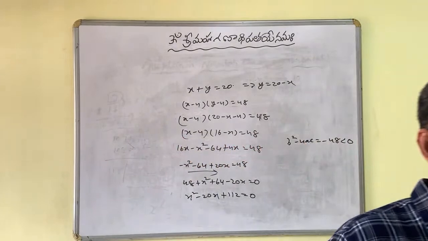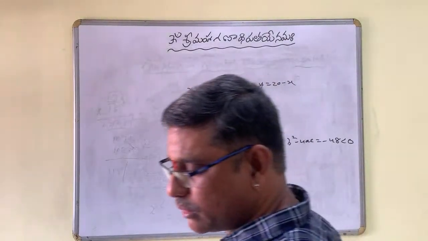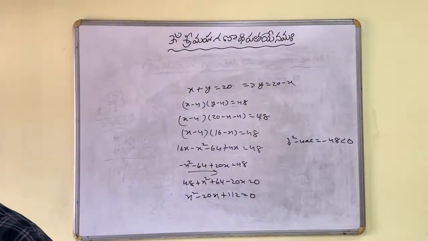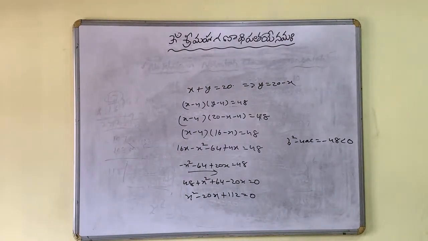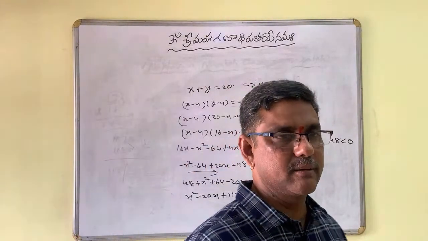So, since b square minus 4ac is less than 0, the given quadratic equation does not have real roots. So, it is not possible. Okay? So with this, I am concluding this chapter as well as today's class.